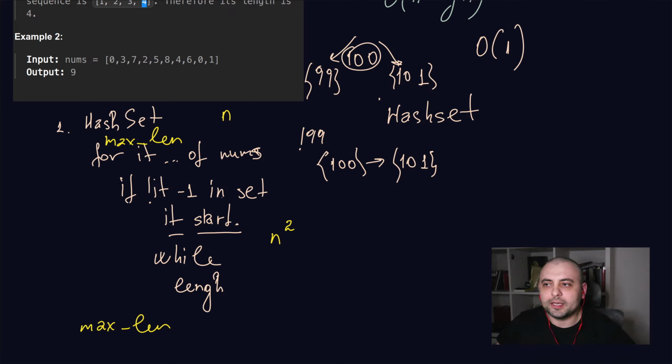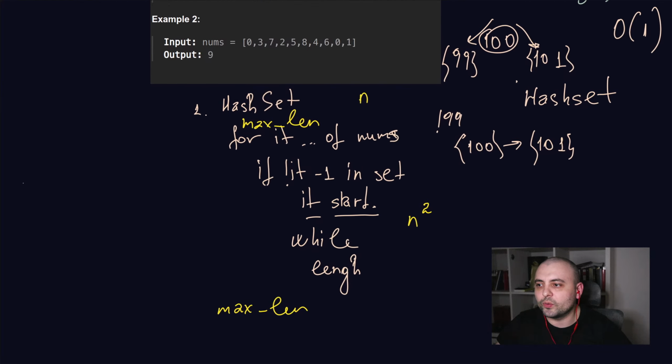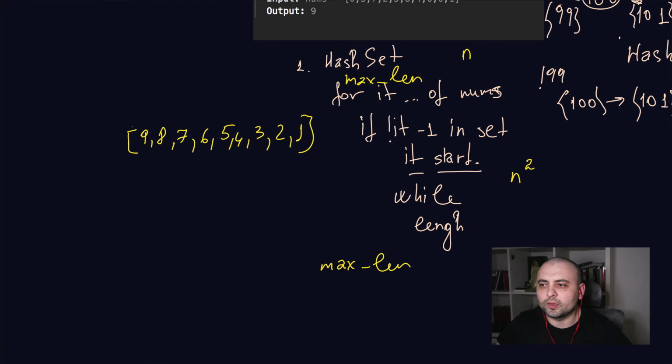Because imagine we have such a sequence where we have everything written backwards. We have 9, 8, 7, 6, 5, 4, 3, 2, 1. Yeah, actually in this case, how the algorithm will work, 9 will be considered start of the sequence.